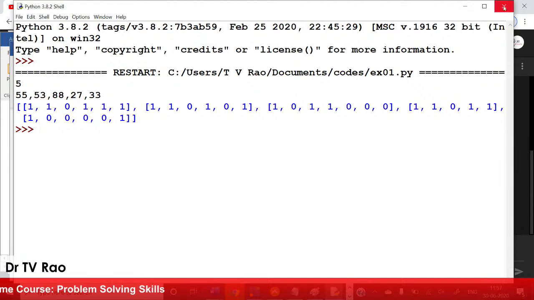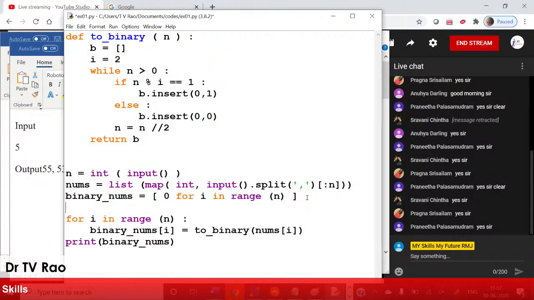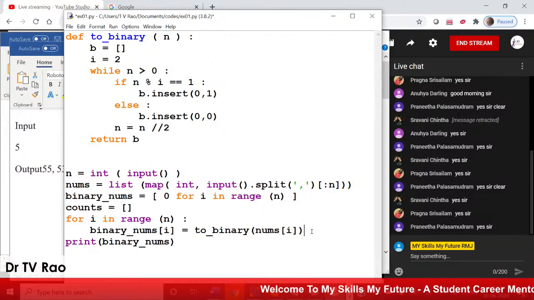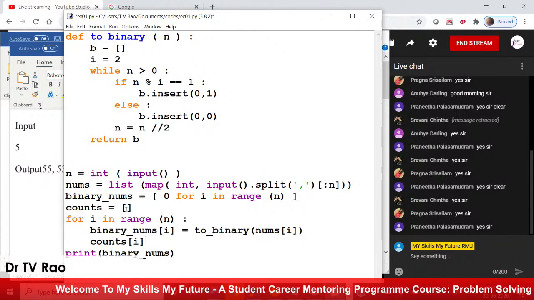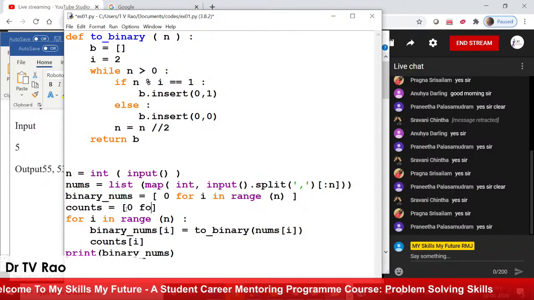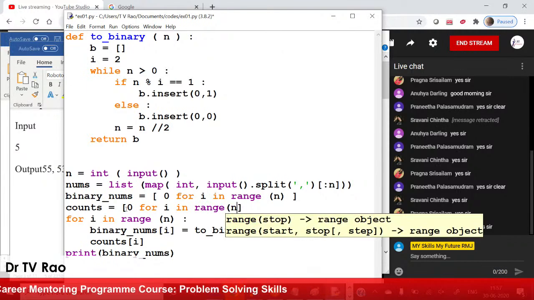Now have one more list called counts. Now counts i is also having zero counts in the beginning for i in range n.